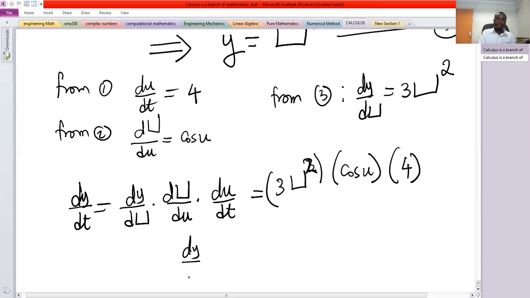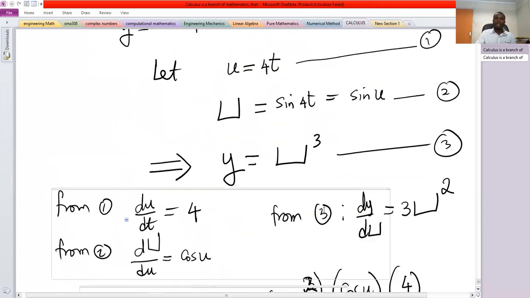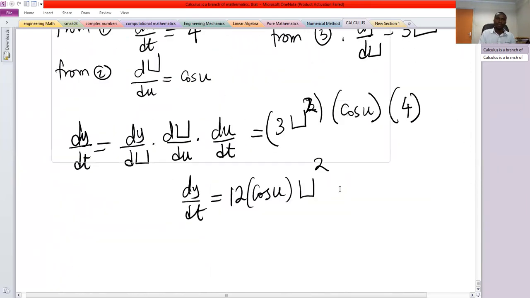So dy dt will be 3 times 4 is 12, cos of u, and then times capital U squared. But capital U is the same as sine of 4t.